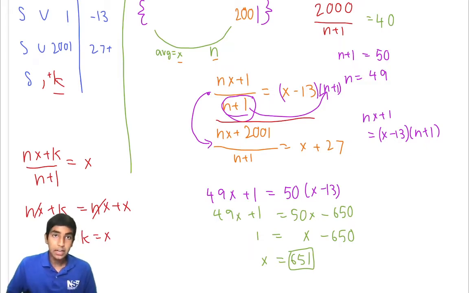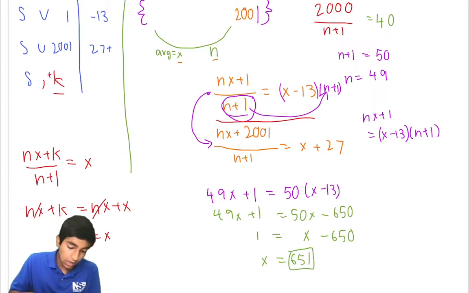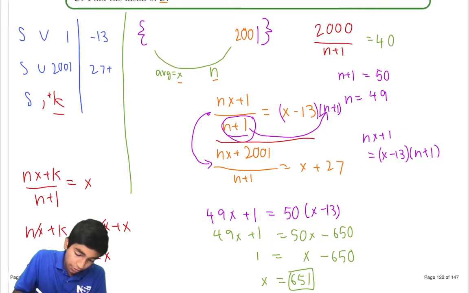So what we can see here is that in order to get a change of 0, all we needed to do was find this k. And this k will simply be 13 over 40 of the way from 1 to 2001.